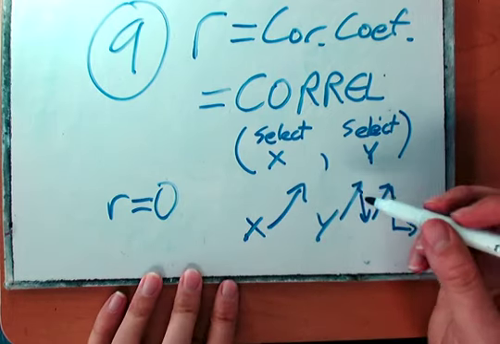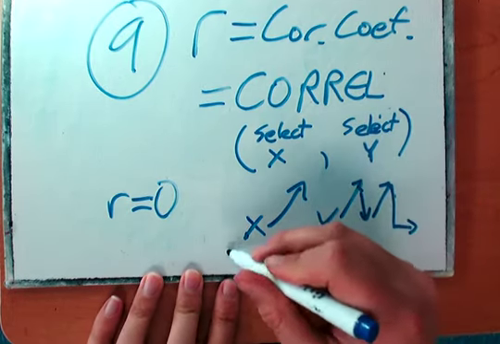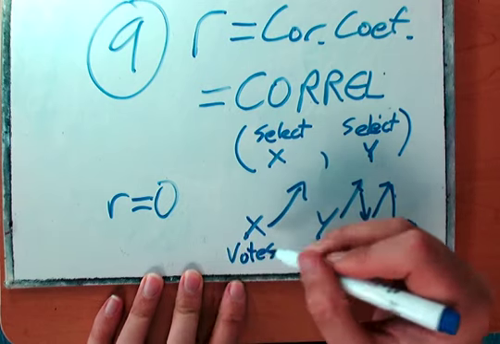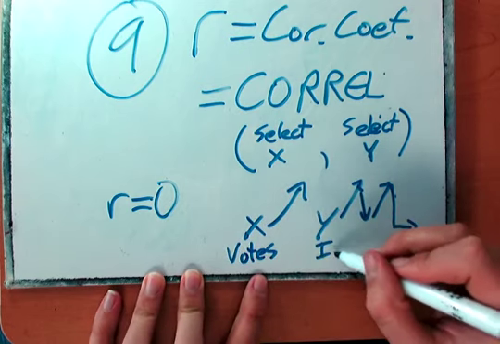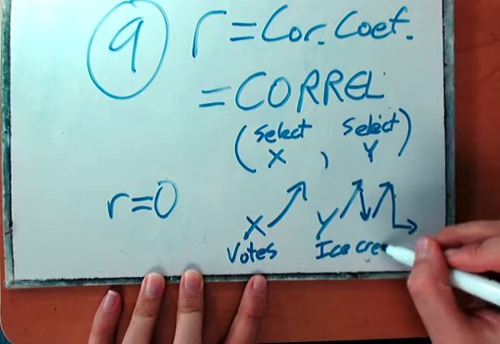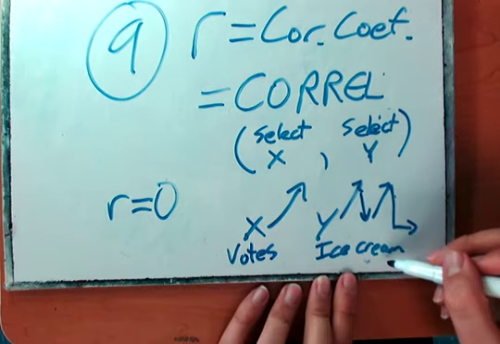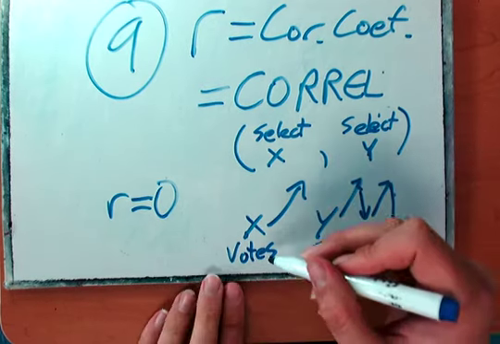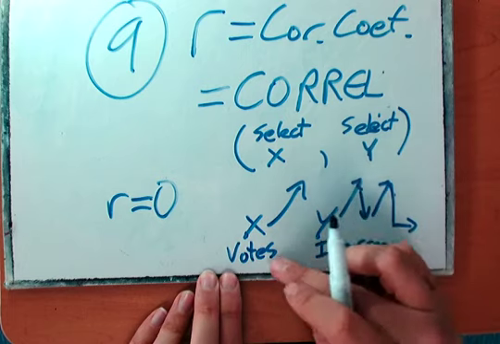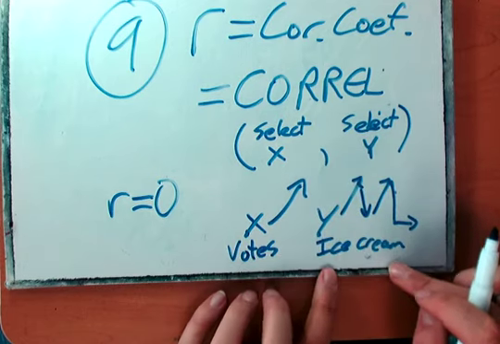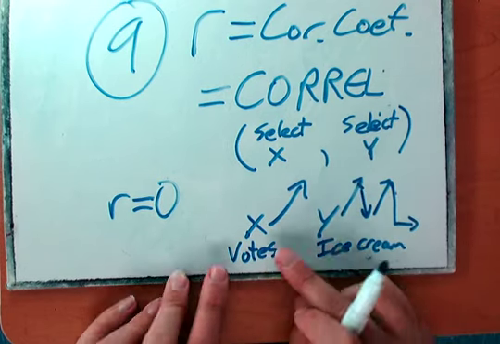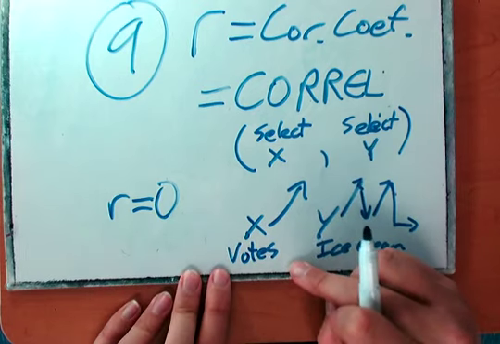I gave the example in class of votes, like who gets voted for, and ice cream. Chocolate ice cream isn't connected to what people vote. So if you eat chocolate, it's not like you're likely to vote one party or the other.